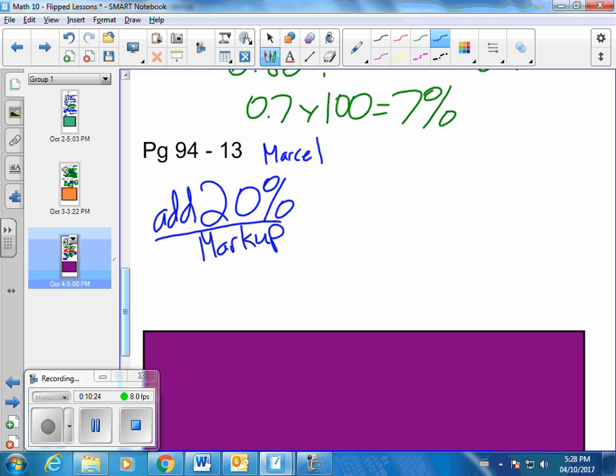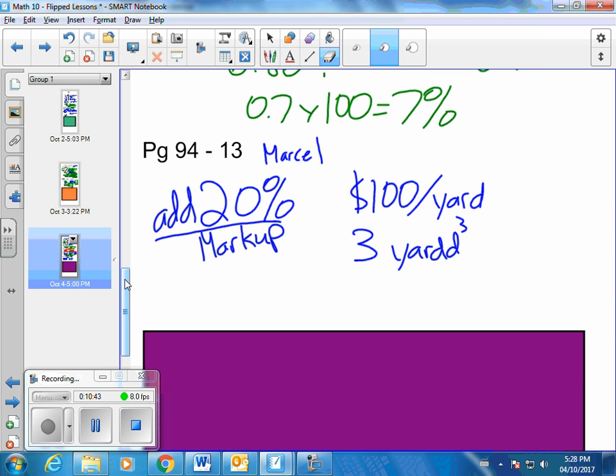We know that he needs 3 cubic yards of concrete at $100 per yard. And we know that he's getting 3 yards cubed, actually. Oop, that's not nice. He's actually getting 3 cubic yards.